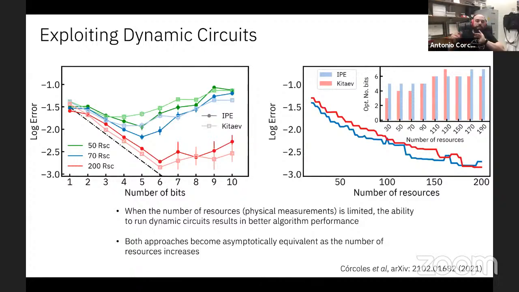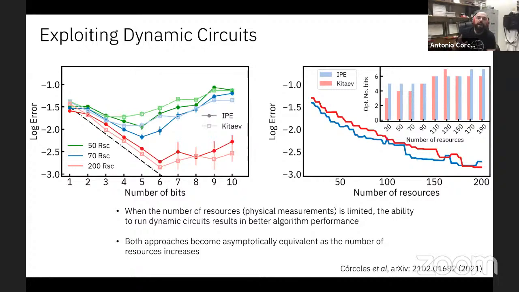So that's much easier. In this right plot here, by resources I mean measurements, physical measurements of qubits, and I'm allowing the user to measure the system more and more. These 2 implementations of quantum phase estimation converge. One is not better than the other. They all give you an advantage versus classical means.